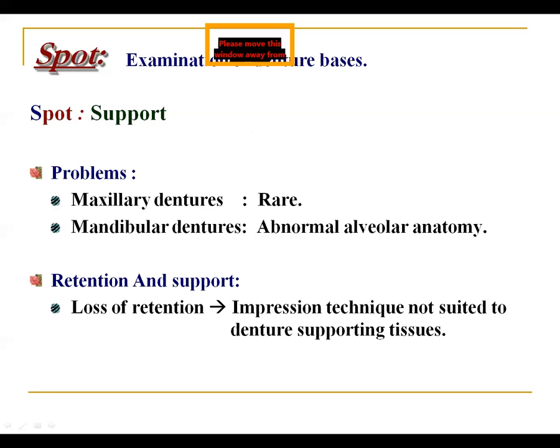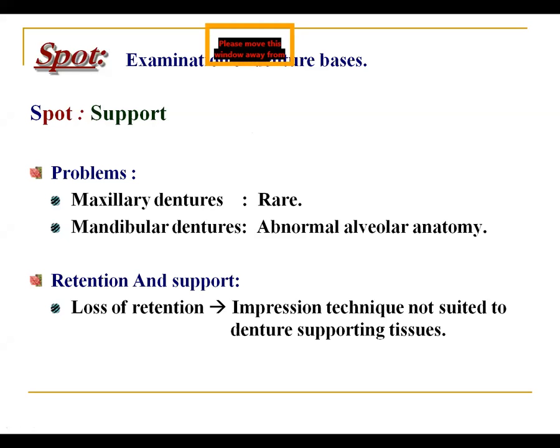As far as support is concerned, we all know that the maxillary denture has a larger foundation area compared to the mandibular. So maxillary dentures have a good foundation area, so I will get good support from my maxillary denture.